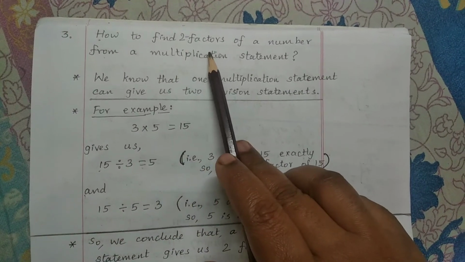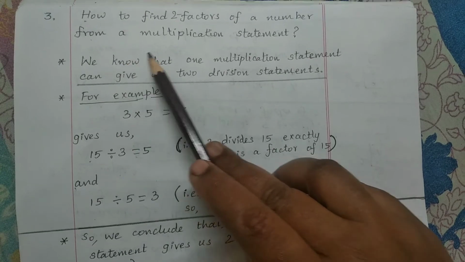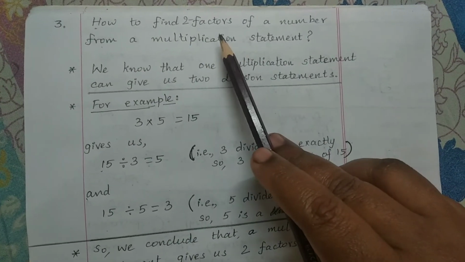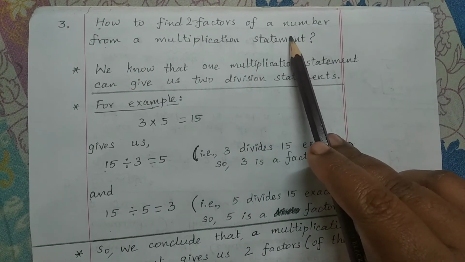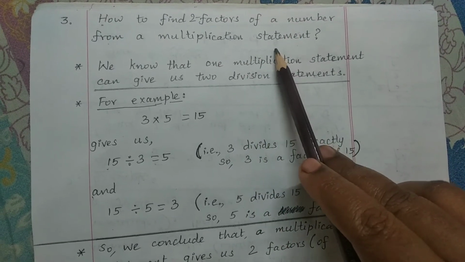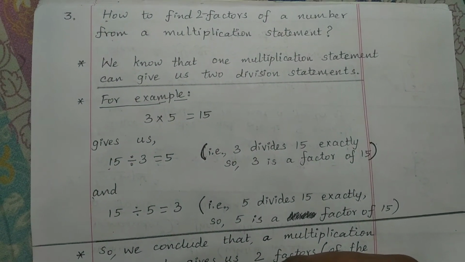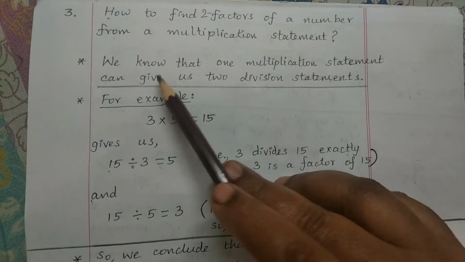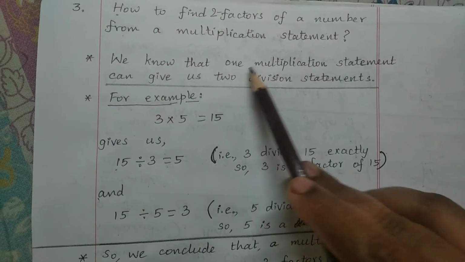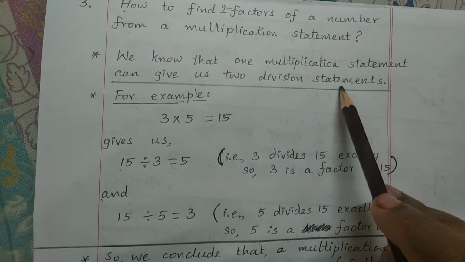How to find two factors of a number from a multiplication statement? It doesn't mean that a number will have only two factors. From a multiplication statement, we can find two factors of the given number. Let us see how. We know that one multiplication statement can give us two division statements.